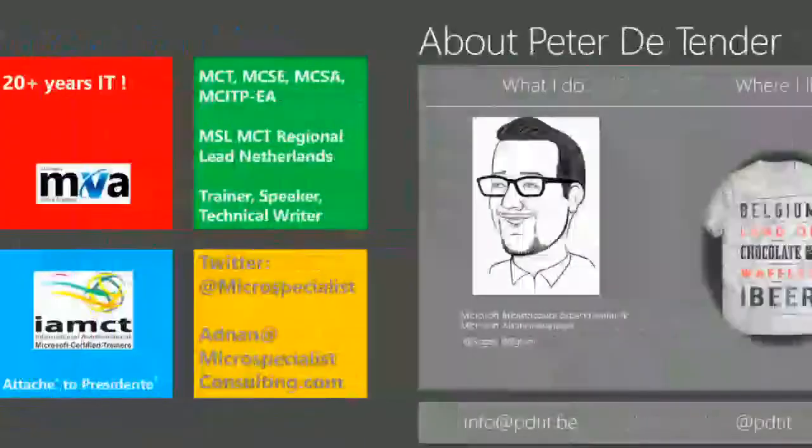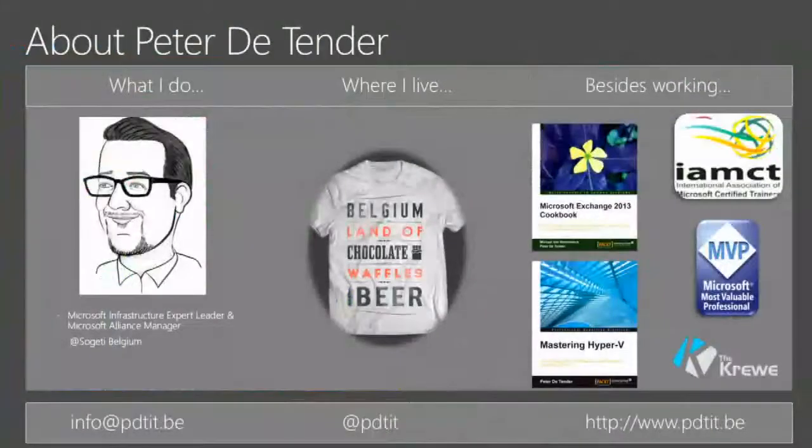All right, so I'm Peter de Tender. I'm from Belgium. Now, what's the first thing when you think about Belgium? Beer, right. To keep you guys awake, you can win one of the finest Belgian beers we have. It's the Chimay Blue, for the ones who know. I can recommend it, for the connoisseurs. We also have chocolate, but that's more for girls, so any girls in the room?